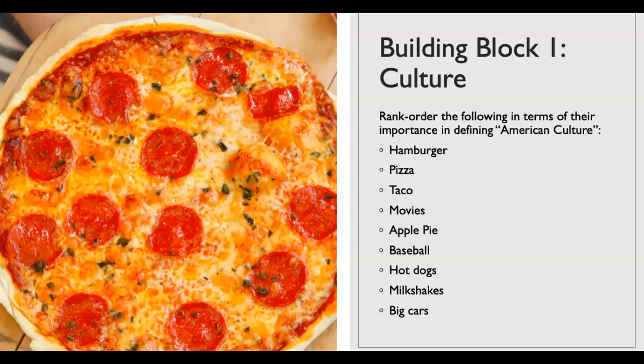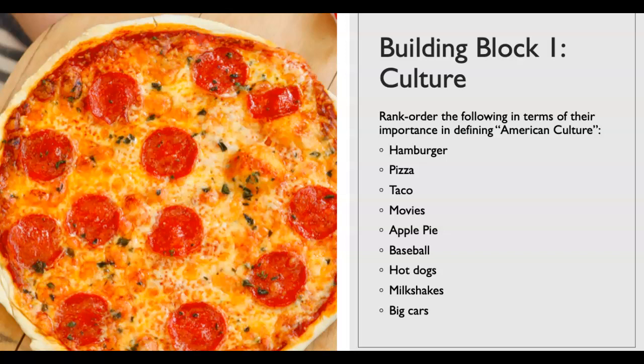We understand that, for instance, pizza is not originally from the United States. It's originally from Italy. We understand that taco is not originally from the United States. And so, what is American culture? And what are the products or the elements that we perceive as American, right?